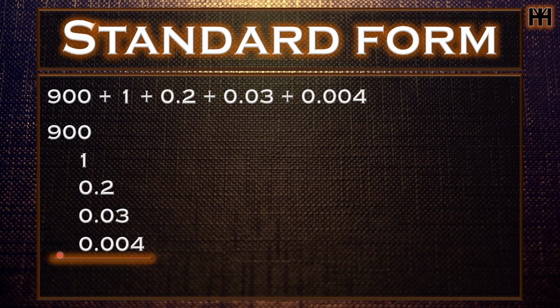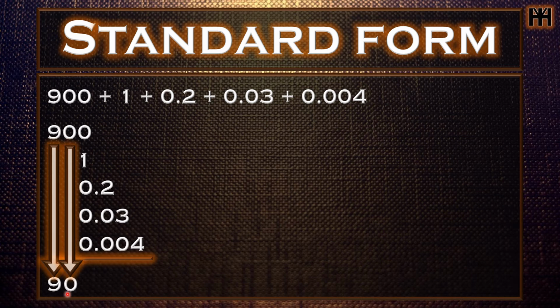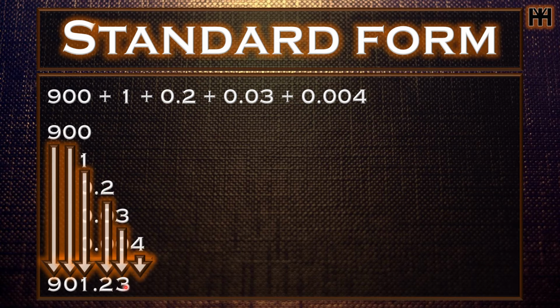Then we will add them. So 9, there is nothing under the 9, so it will go. Nothing under the 0, so we'll have the 0. 1 plus all of these zeros will be 1, 2 here, and the 3, we'll get it down, and the 4. So we have 901.234.